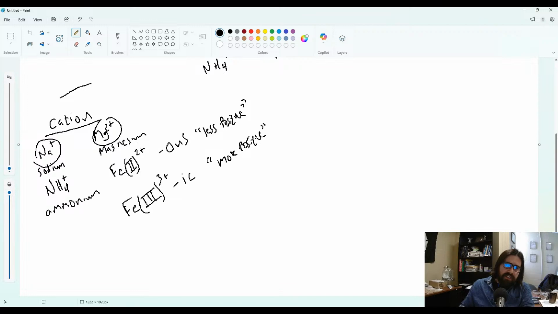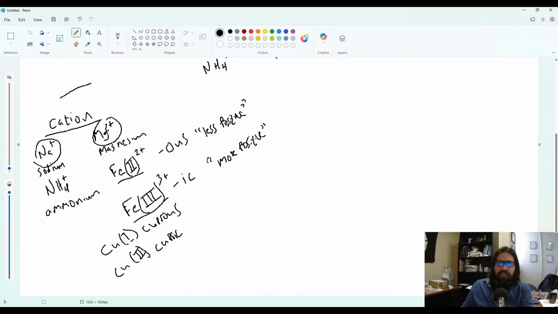So for example, if I had copper 1 and then copper 2, this would be cuprous cation, and this would be cupric cation. Oops, cupric, not cupic. Similarly, this would be ferrous iron, and this would be ferric iron.